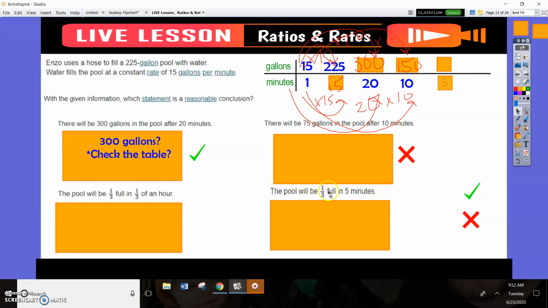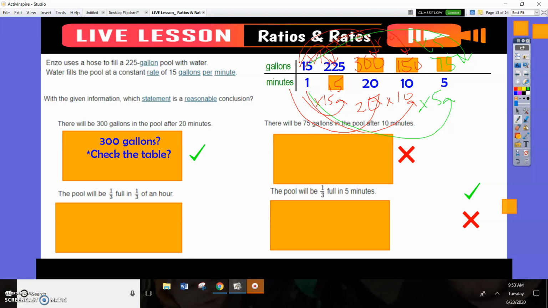Okay, the pool will be 1/3 full in 5 minutes. Okay, so let's look at this. In 5 minutes, let's look for a relationship again that I see here in my table. 1 times 5 is 5. So 15 times 5 is going to be 75. Okay, I need to figure out if that is 1/3 full in 5 minutes.